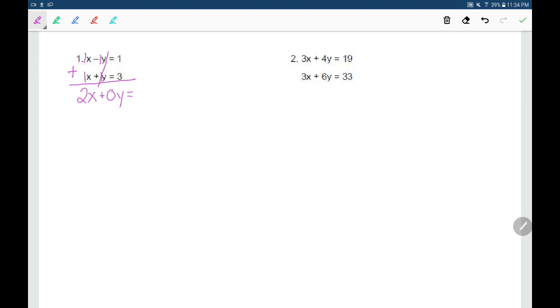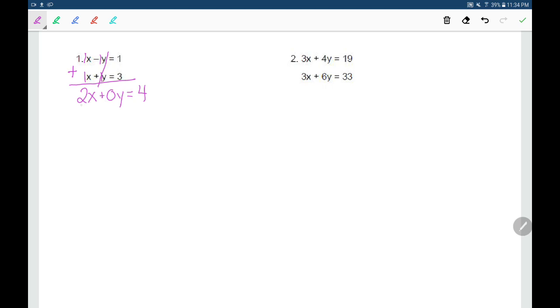Okay, the last thing that we also have to remember here, and this is the one that people tend to forget when they're solving problems by elimination, is you also have to add the answer parts together. 1 plus 3 gives me 4. Well, I don't usually write in the 0y, but if it helps you, you can. I don't really need this in here. 0 times y is just 0.